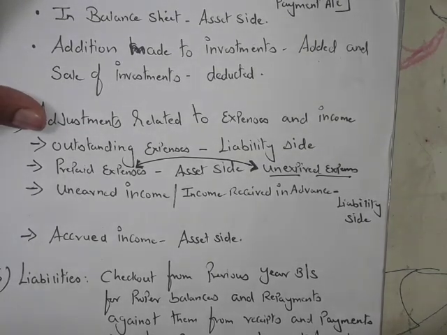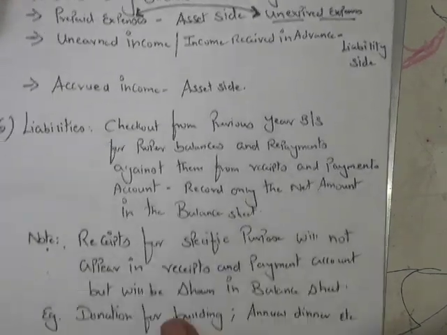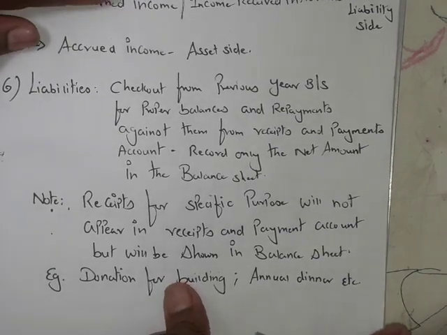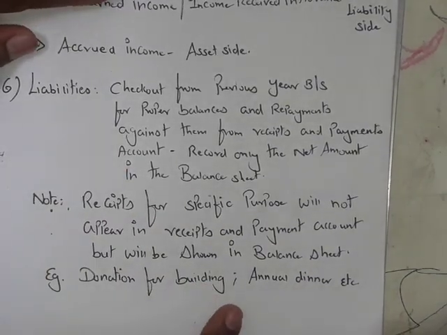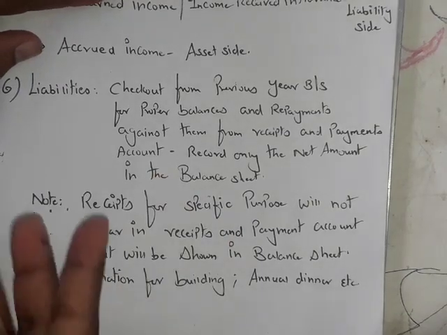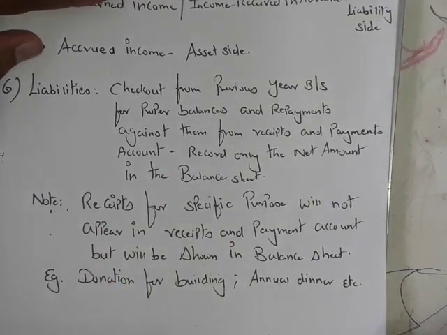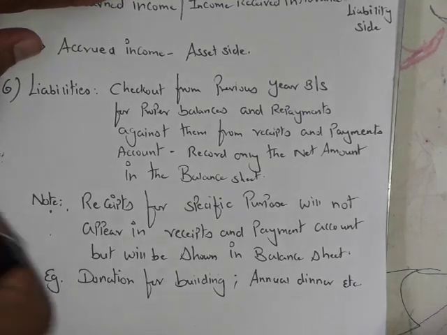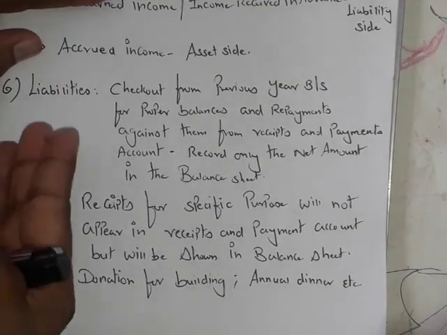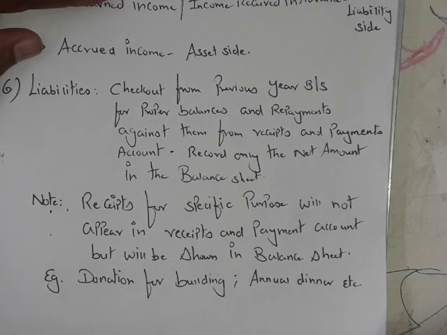Let's move on to the next segment. Yes, the next one is liabilities. Of course, you all know that the balance sheet has two important heads. The left side is liability and the right side is asset. So what is to be recorded under liability?